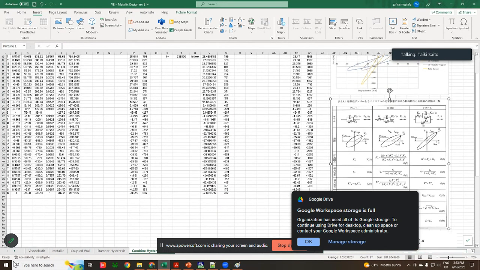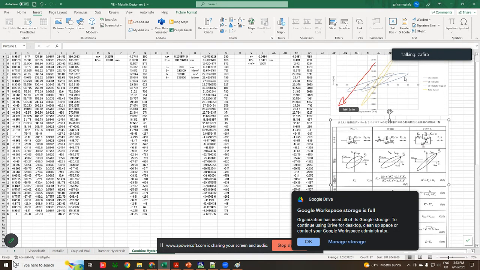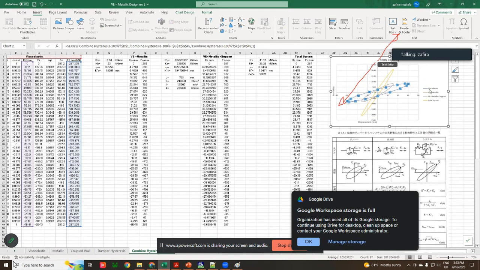Yes, but if this spring is nonlinear, you cannot increase force. There must be a yielding force, right? Yes. But if this is a linear spring, an elastic spring, that's why your hysteresis is increasing. This one, sensei. Actually, the viscoelastic I separated. The blue color is viscoelastic, the orange is viscoelastic plus metallic, and the gray color is viscoelastic, metallic, and also support.